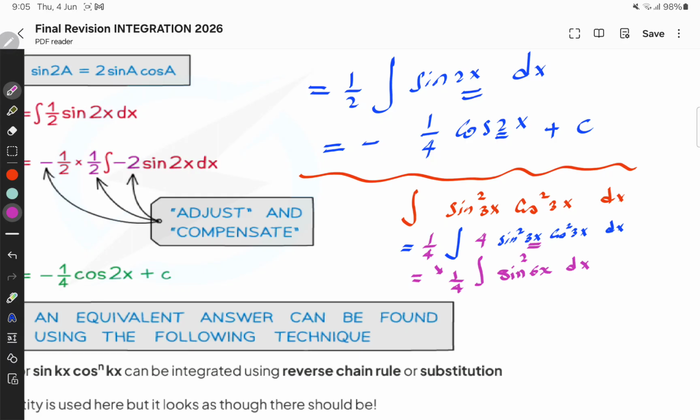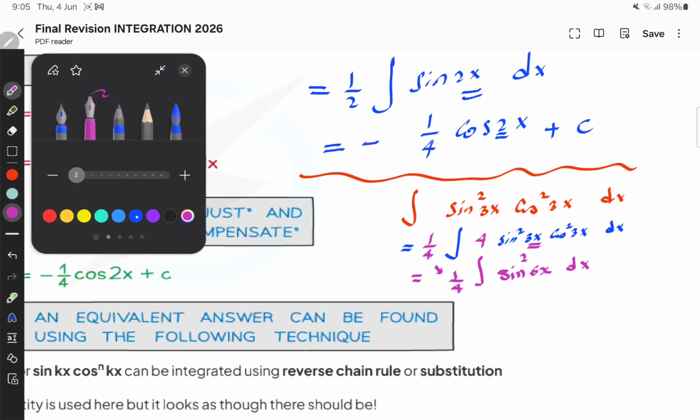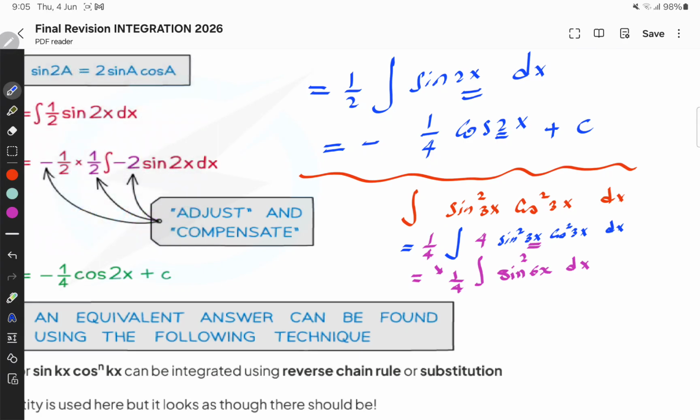So now what we have to do is mix between two types. Here I have sine squared and we have a rule for it, so it will be 1 over 4 integral of, use that rule for sine squared, which is 1/2 minus 1/2 cosine 2 times the given angle, 2 times 6x, which is 12x, all of that with respect to x.